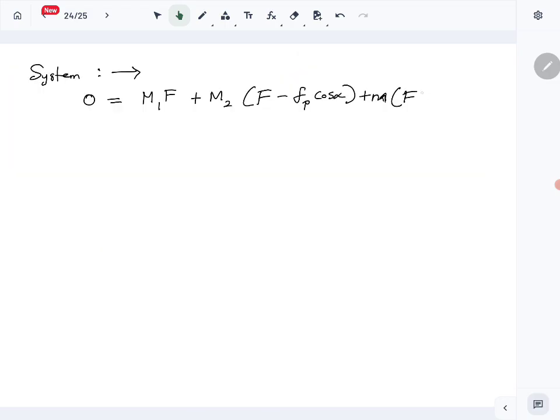So minus Fy cos alpha minus Fp cos alpha minus beta. Right. So this is our first equation, and we don't need to simplify or anything like that, just leave it like this. So this is one equation. We need to create two more equations because we have three unknowns, capital F, Fy and Fp.